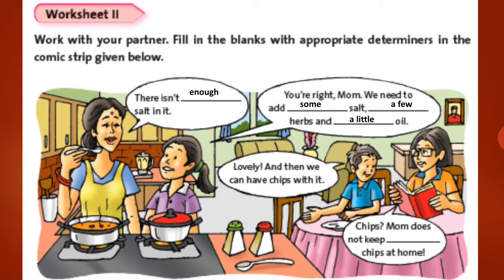Now a little is used to show quantity. A little is used with uncountable nouns, that is why a little has been used. Oil cannot be counted, so a little is there. Lovely. And then we can have chips with it. The boy is saying, chips? Mom does not keep any chips at home.